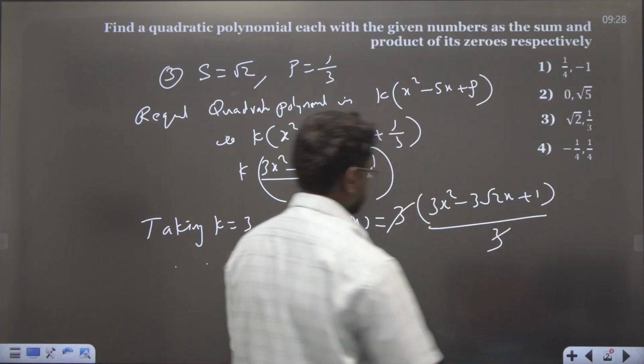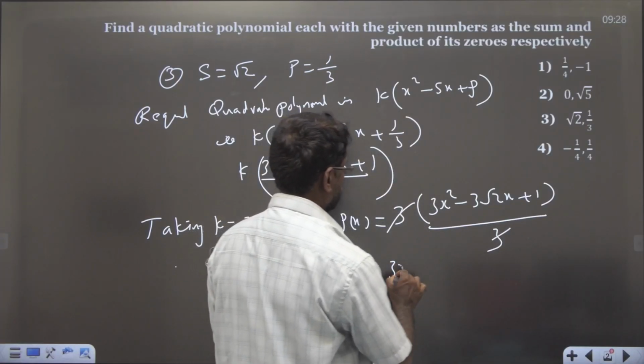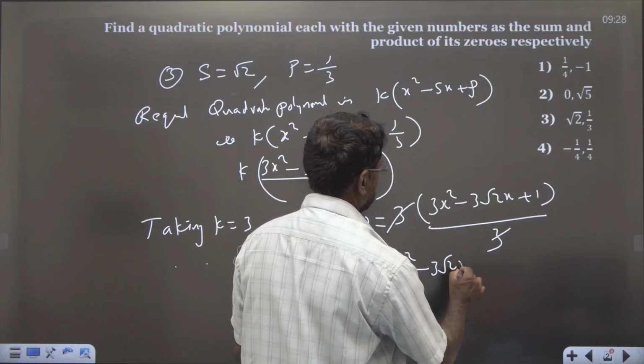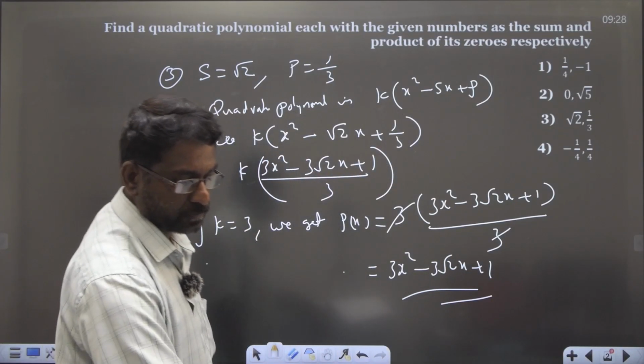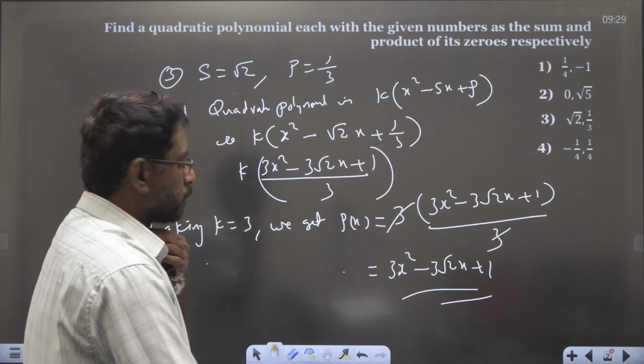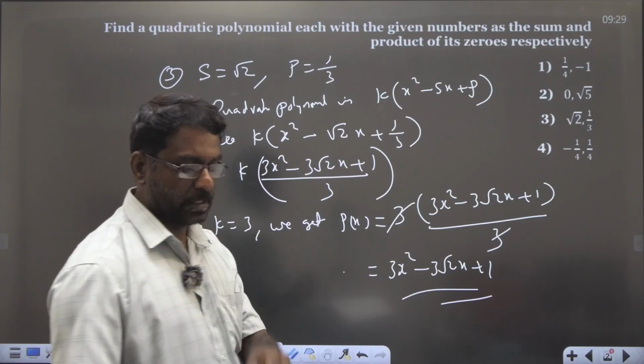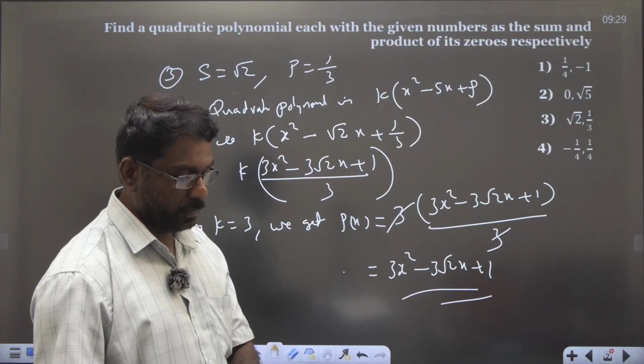We can cancel the 3. So this is equal to 3x square minus 3 root 2x plus 1. This is the answer. One more question.